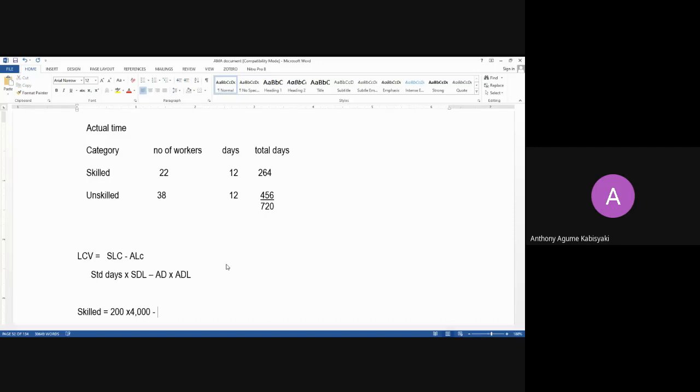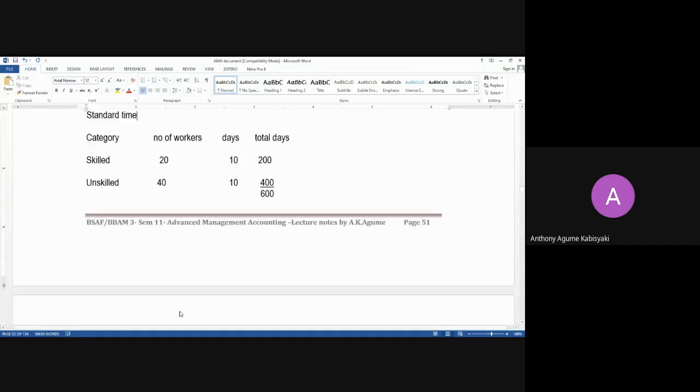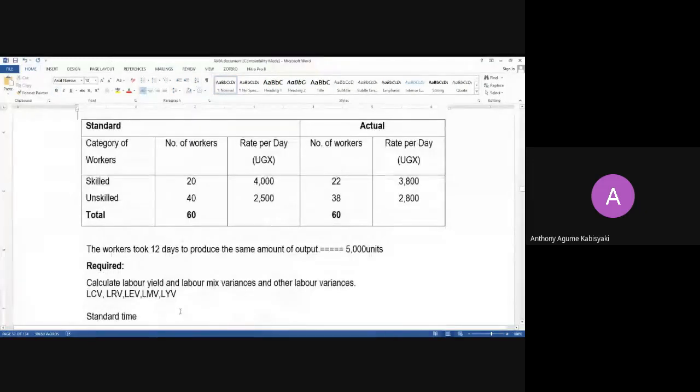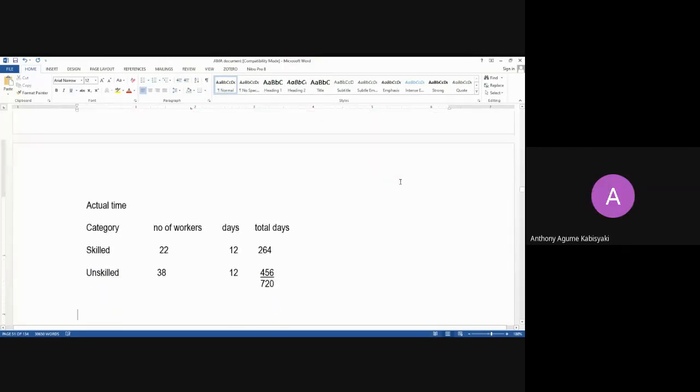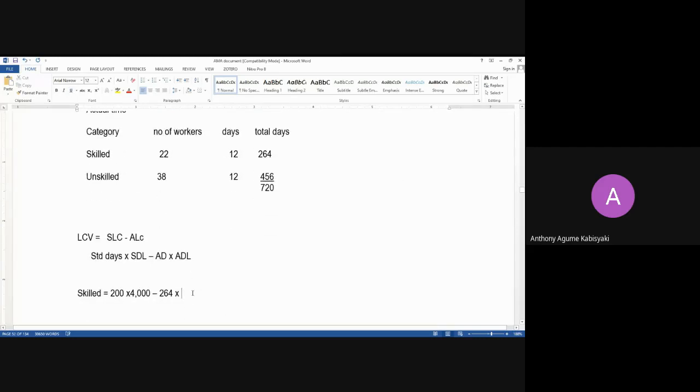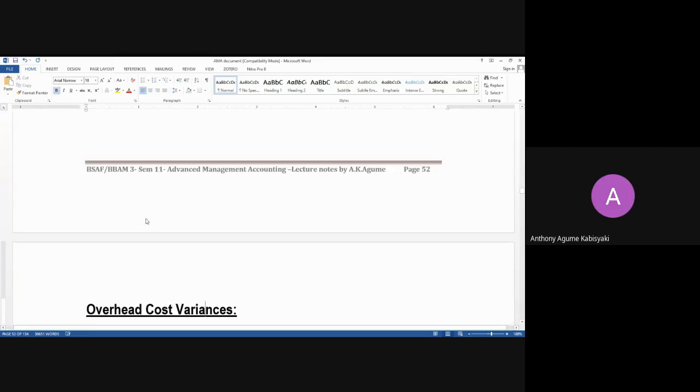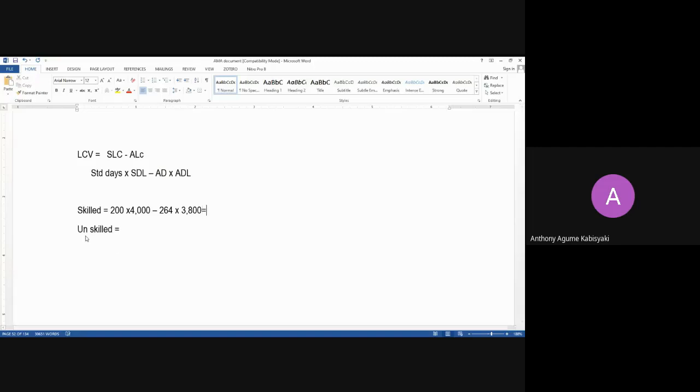Then minus actual days for skilled, 264, multiplied by the actual daily rate, which for skilled is 3,800. I get the variance for that. Then I also do the same for unskilled. The standard days is what?